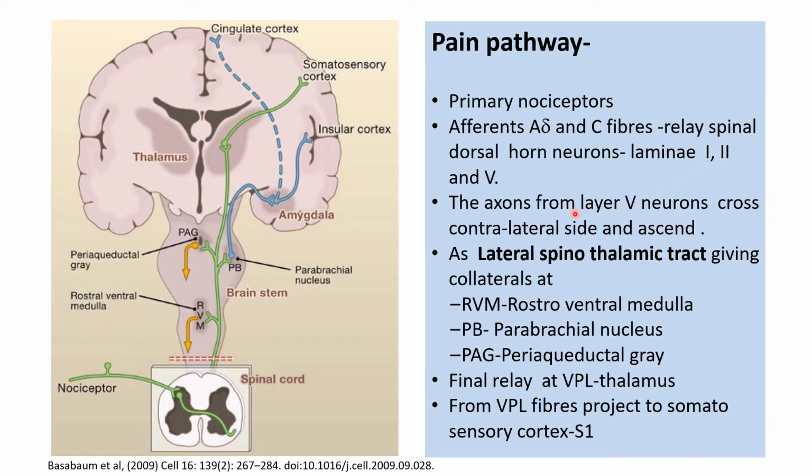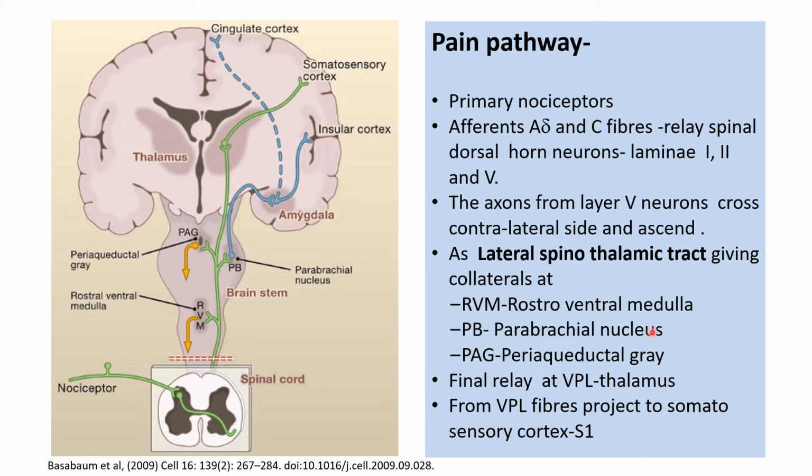The layer 5 neurons are known as wide dynamic range neurons, also known as target neurons. They give axons for the lateral spinothalamic tract. The axons of these neurons cross to the opposite side and ascend as the lateral spinothalamic tract and reach the ventero-posterolateral nucleus of thalamus.